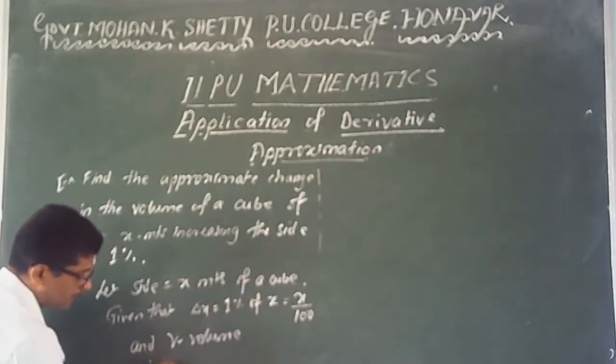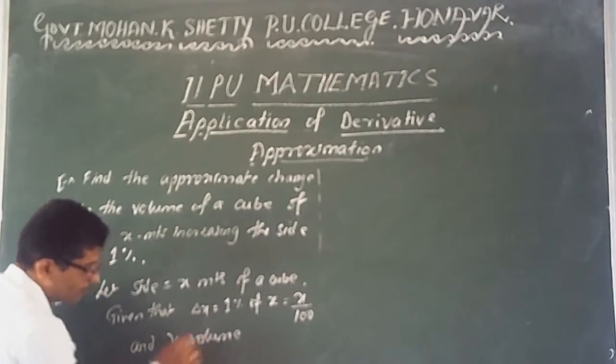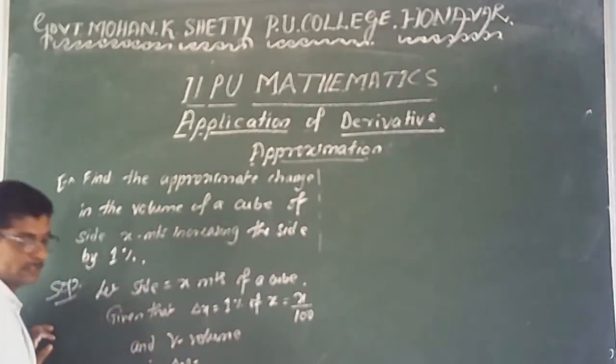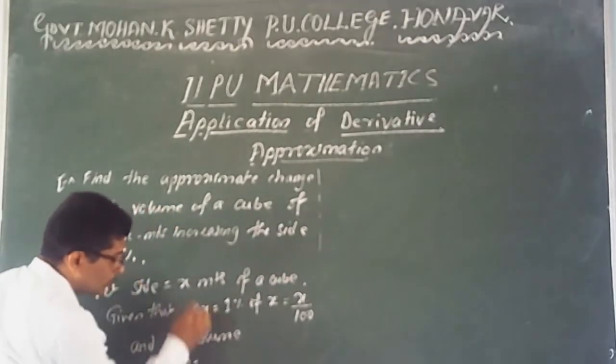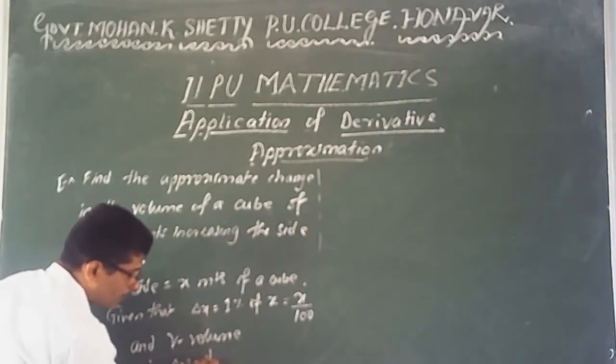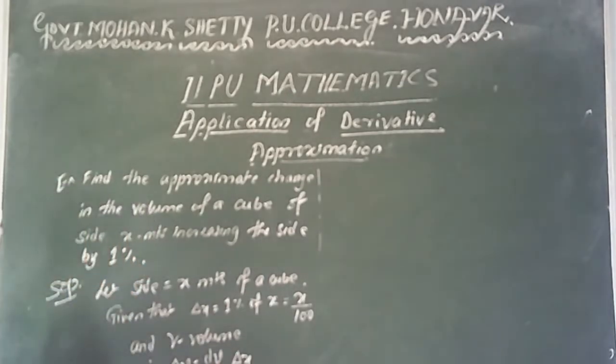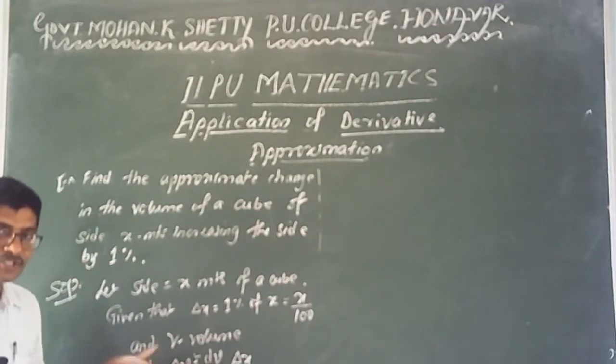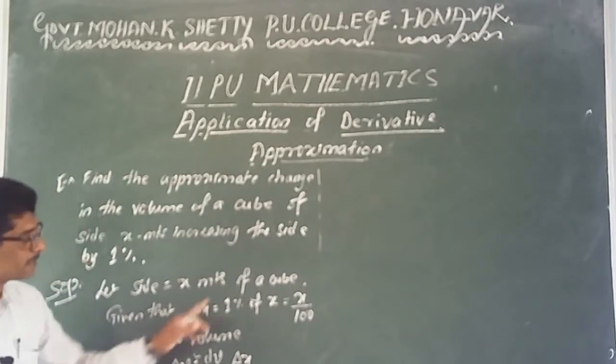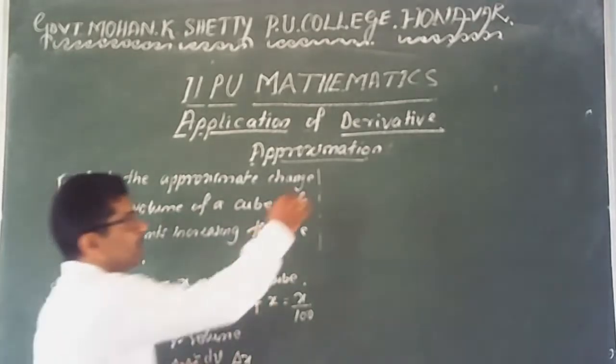Therefore, you know that delta V, the change of volume of a cube, has an approximate value equal to the derivative of V with respect to x times delta x. This is the formula. Here we find the approximate change of volume of a cube when the side is increased by 1%.